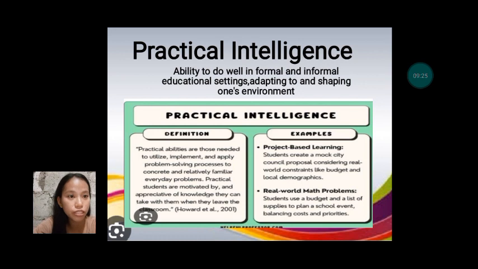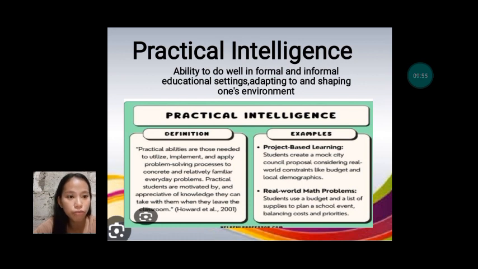First, practical intelligence: the ability to do well in formal and informal education settings, adapting to and shaping one's environment. We have here an example in project-based learning. Students can create a mock city council proposal considering real-world constraints like budget and local demographics.